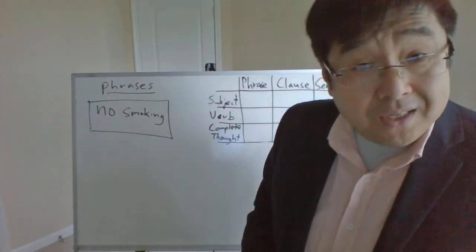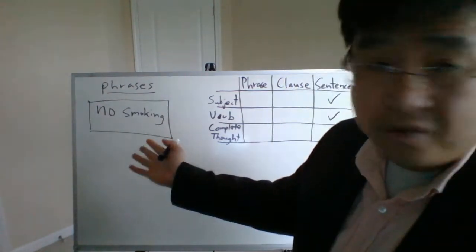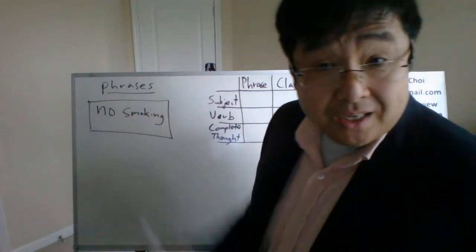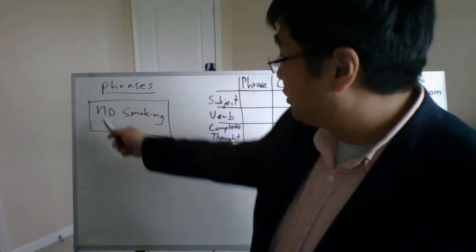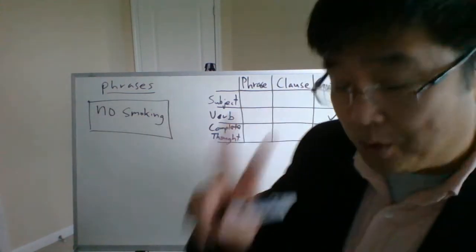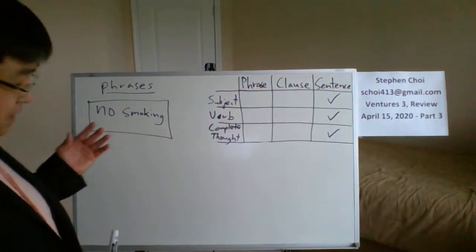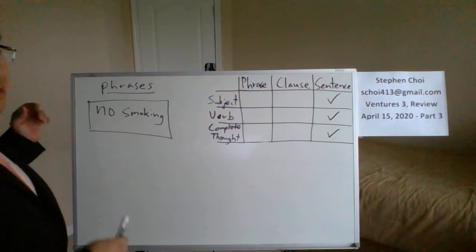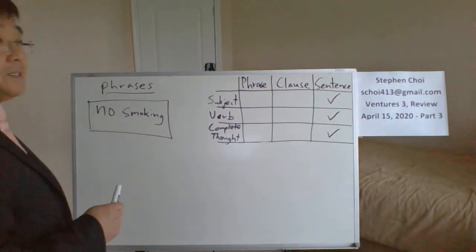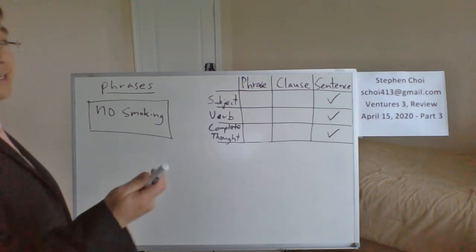Is that a complete sentence? No, that's not a sentence. Is that a clause? No, that's not a clause. Is that a word? Well, it's more than one word. This is a phrase. When you have two or more words, that's a phrase. No smoking. Or what's another sign?